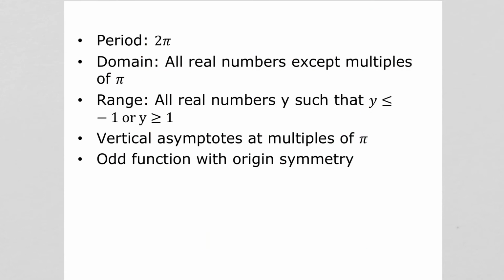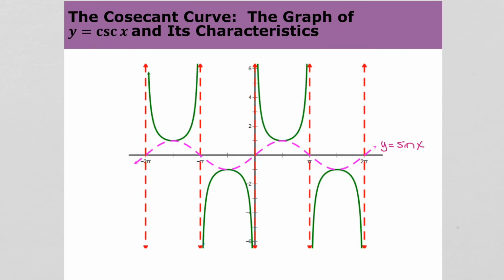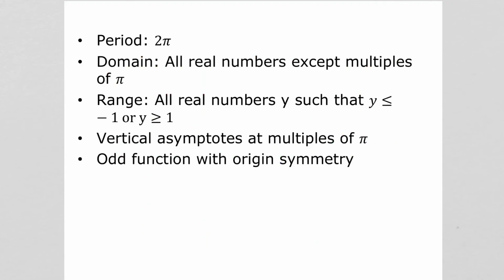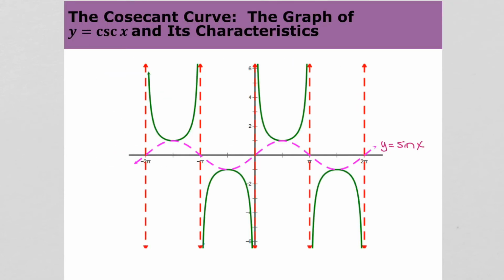The period is the same as with sine. It's 2 pi. The domain is all real numbers except every half period, which in the case of just straight cosecant is every pi. So every half of a period will have an asymptote where it's undefined. The range: we're just looking at the green.